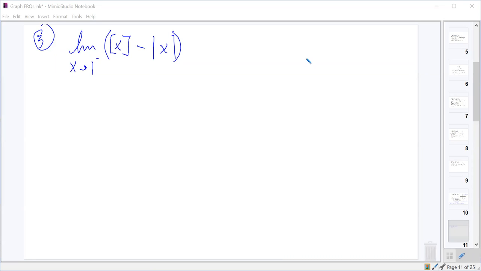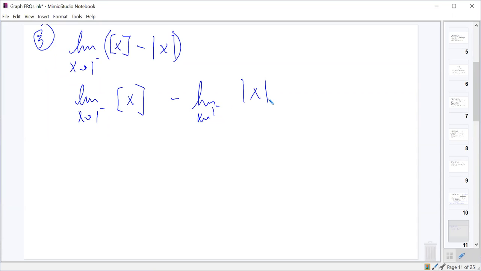Let's think about what this looks like. We should just be able to do the limit as x approaches 1 from the left of the greatest integer function minus the limit as x approaches 1 from the left of the absolute value of x. We'll just separate into two different ones.